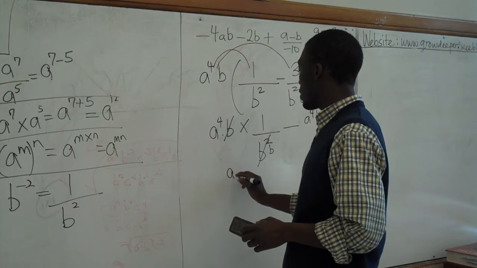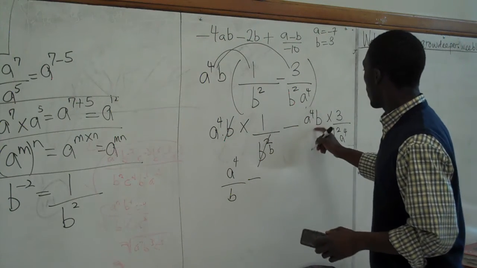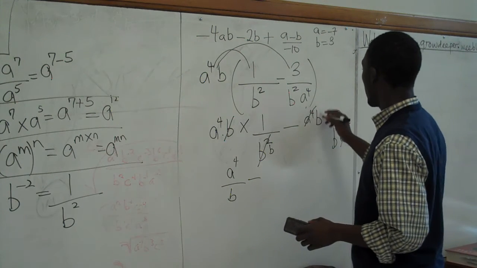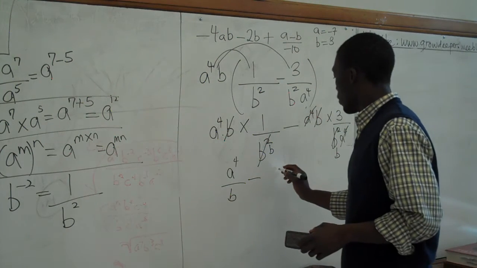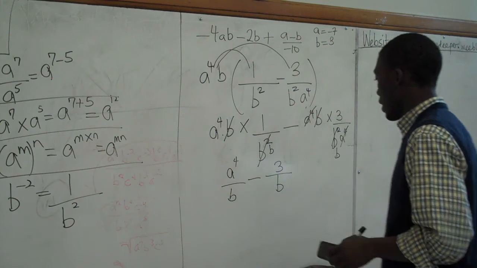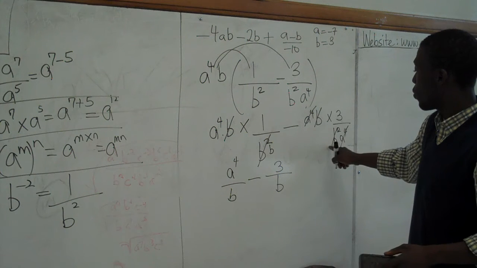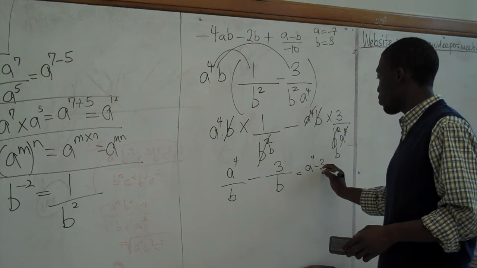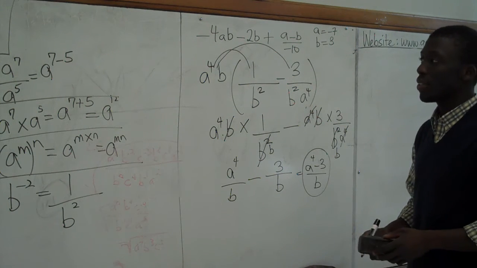So now it becomes a to the 4th power over b minus, here we have a to the 4th power cancelling a to the 4th power, and b going into b squared once. And so it becomes 3 over b. Everyone see how I got there? So a to the 4th power, and then we have 3 over b. This is the same thing, of course, as a to the 4th power minus 3 over b. That's one way to write your answer.